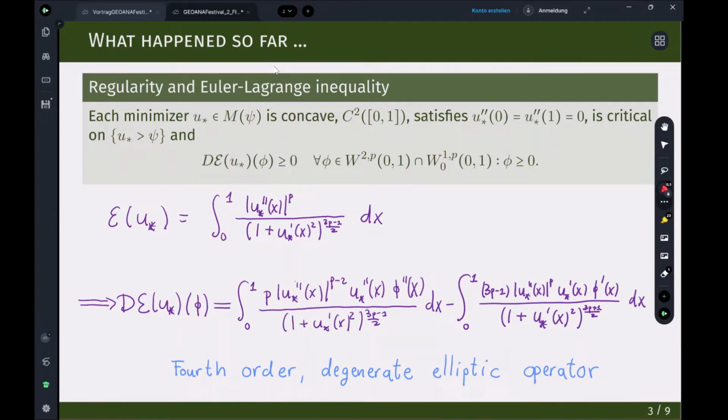Maybe one could think that one cannot learn so much from this equation, because the energy is second order, so the Euler-Lagrange equation, a fourth order equation that comes out if you integrate by parts, is, as we already discovered, degenerate elliptic.